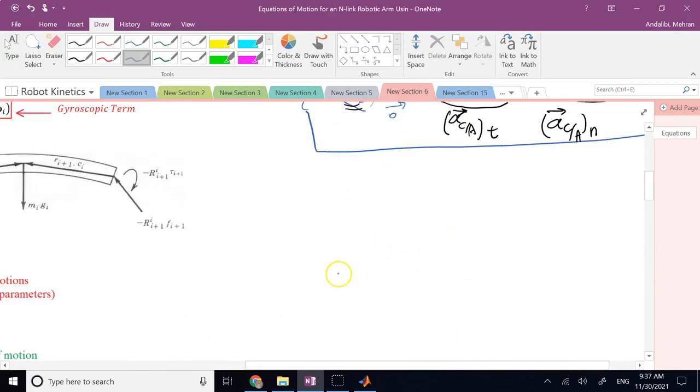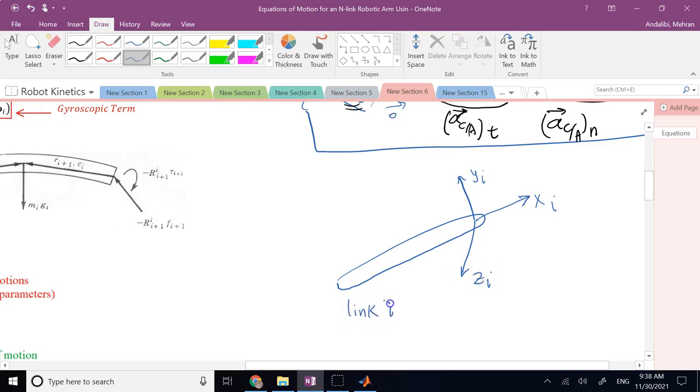So if this is my link number I, and I have a frame I attached to it, like this, let's say this is xi, this is yi, and this is zi, and this is link I. Then this I moment of inertia is calculated about a frame for which the axes are parallel to this x, y, and z.